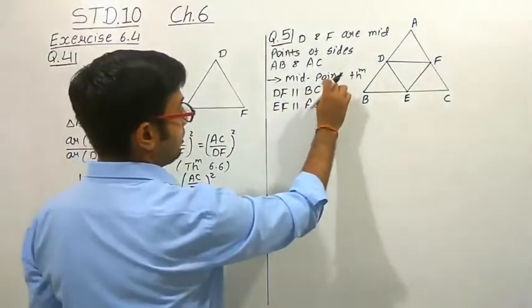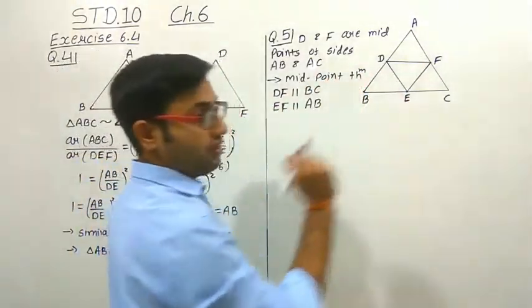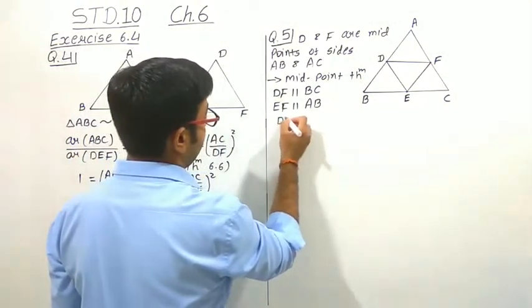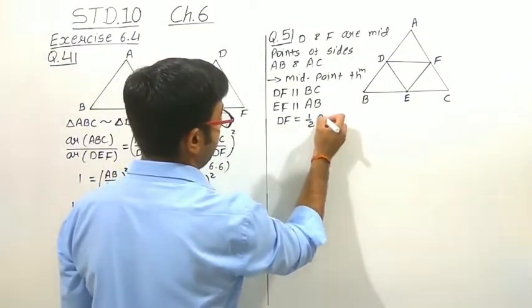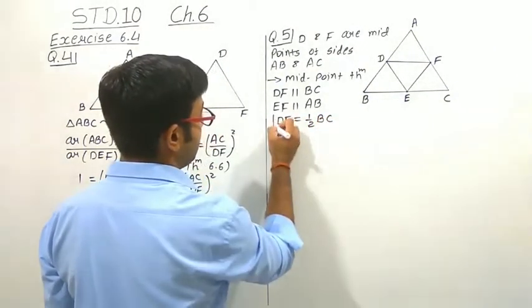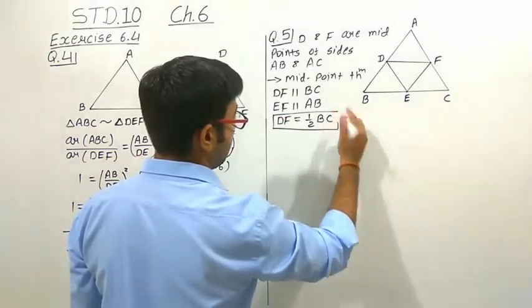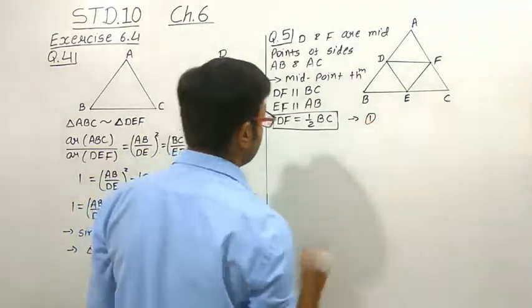One more thing we are used to write in standard 9: DF will become 1/2 of BC, right? Remember this result that we are writing while we are using the midpoint theorem. Give it equation number 1.